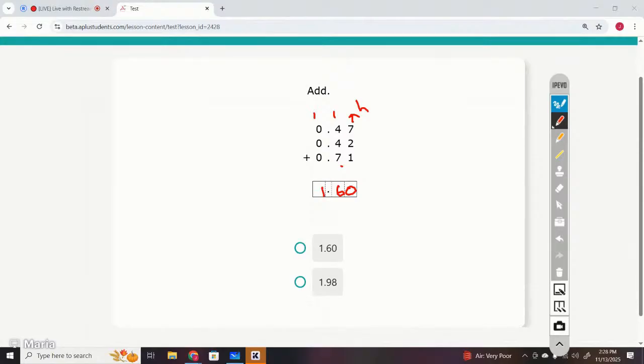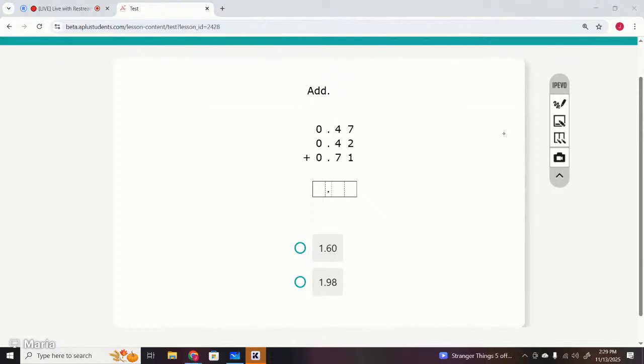That is 1.60. Option number 1 is the correct option.